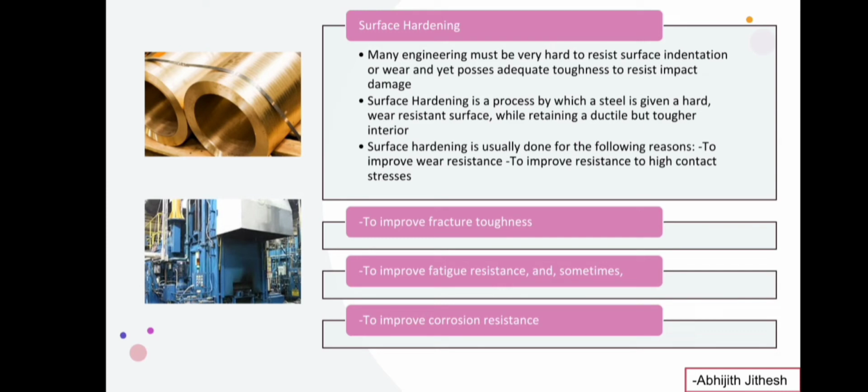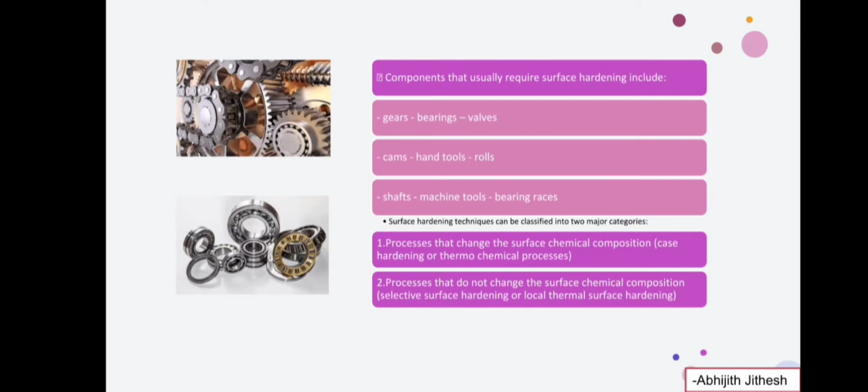Surface hardening methods. Numerous industrial applications demand that a component possesses different or even contradicting properties for the surface and the interior. For example, components that usually require surface hardening include gears, bearings, valves, cams, hand tools, rolls, shafts, machine tools, bearing races.